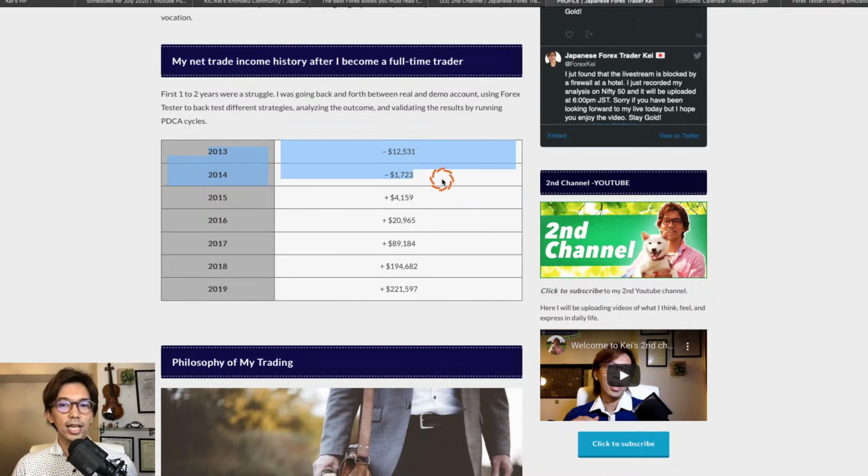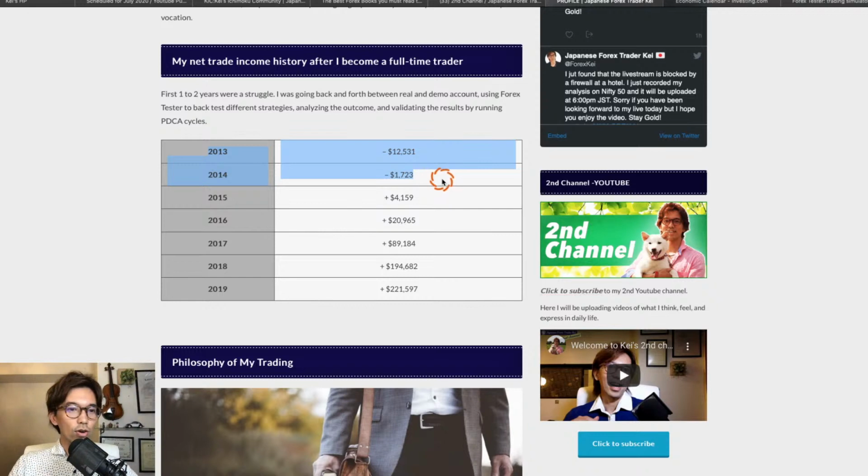I was only looking at beautiful, appealing websites which show a whole track record and history, like how many pips he got, let's say 1,500 pips per month, or $10,000 per month.